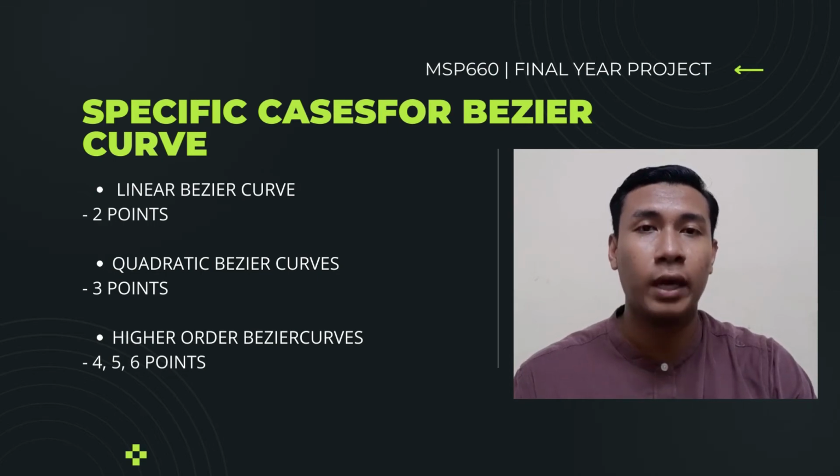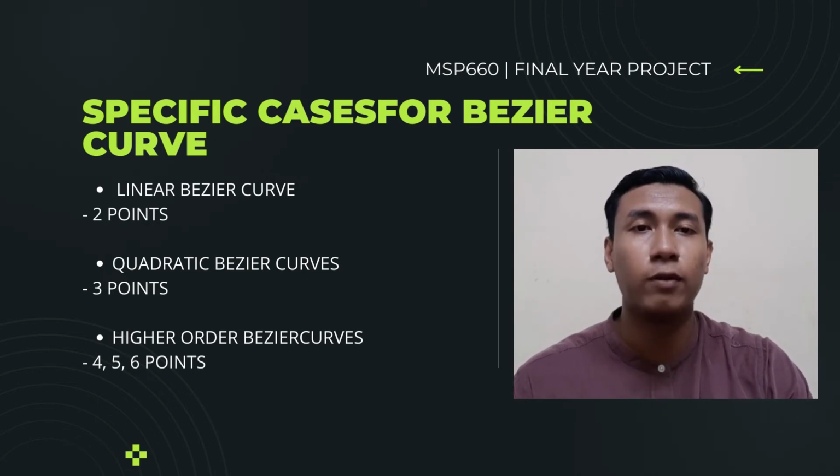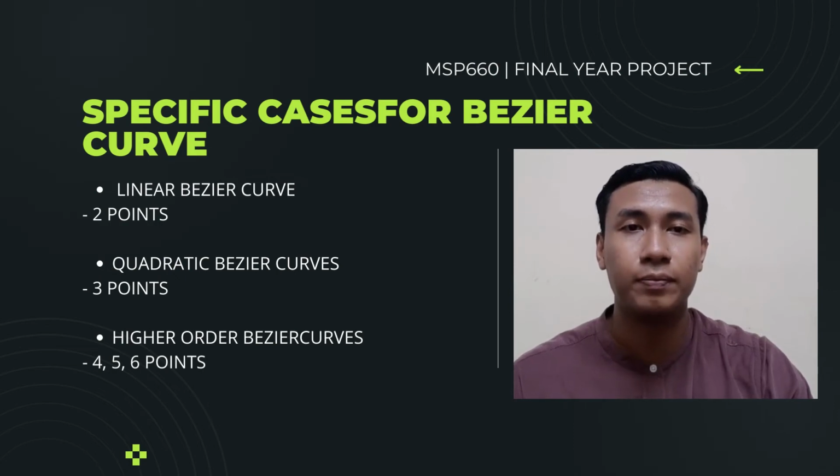Then we have the quadratic Bezier curve, where we have 3 points in order to get the curve. And then we have the higher order Bezier curve, where we need to find 4 points for degree 3, 5 points for degree 4, and 6 points for degree 5.